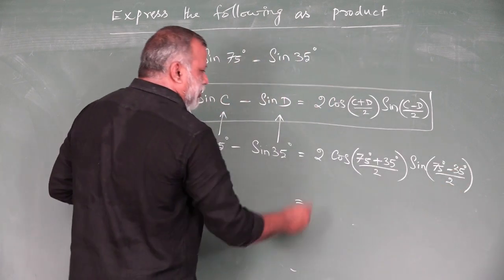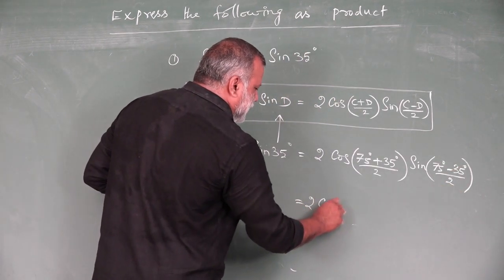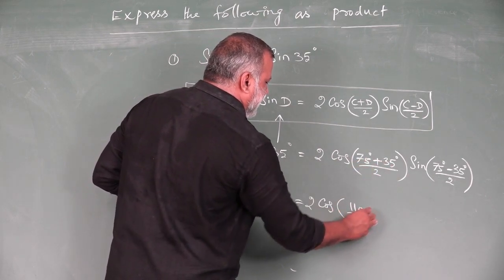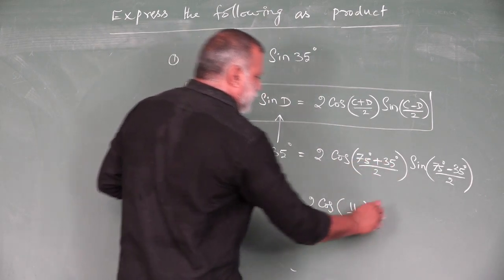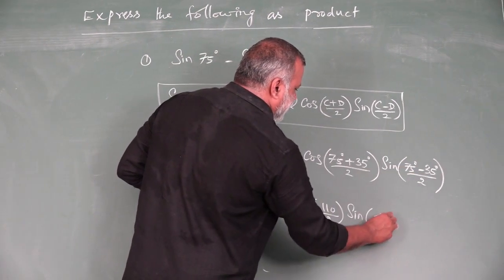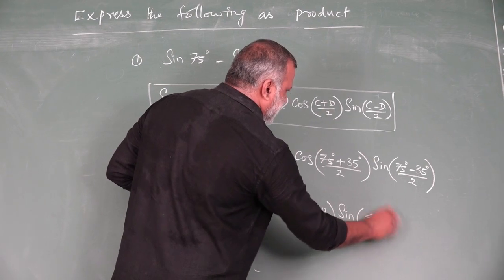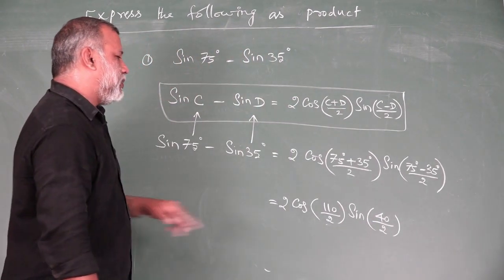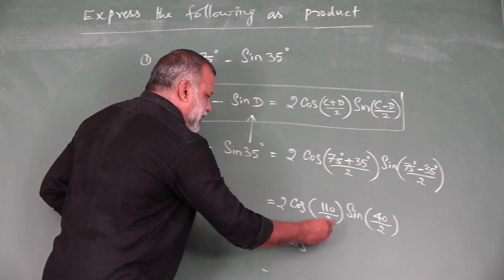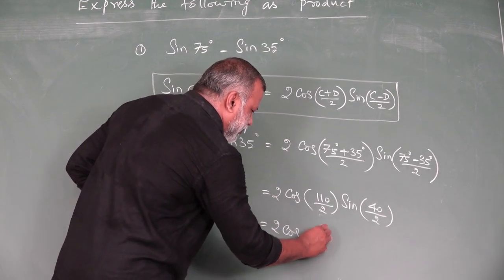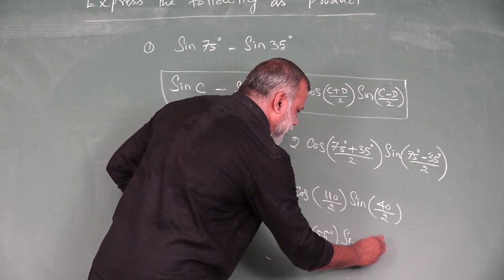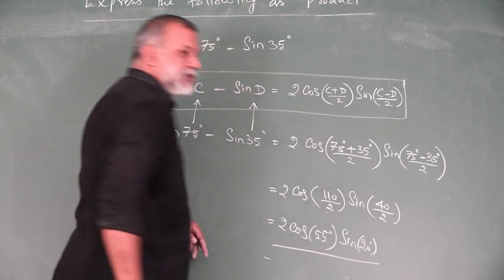If we simplify this, 2 cos of 110 divided by 2, and sin of 40 divided by 2. We can get 2 cos 55 sin 20.